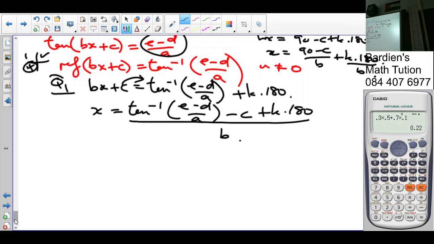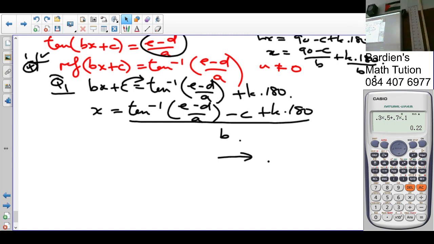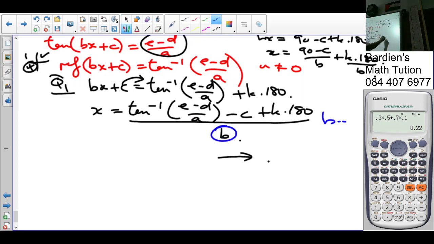And another part of the restriction is, of course, b can't be equal to 0. Okay? So I think that is all the restrictions here.